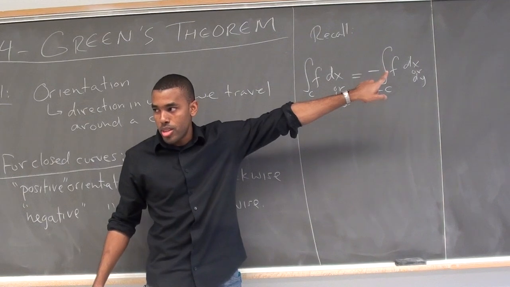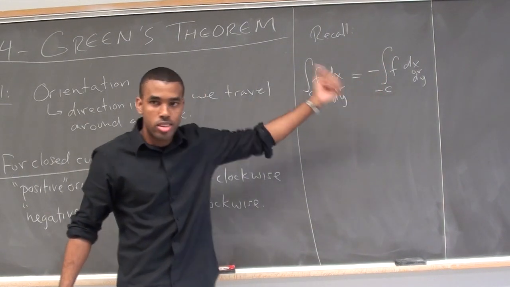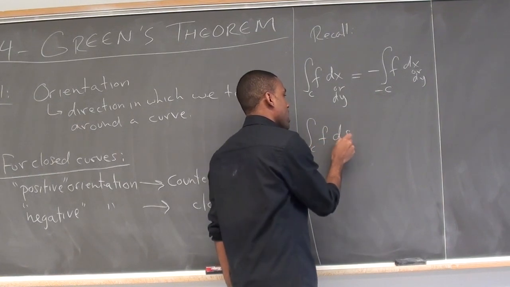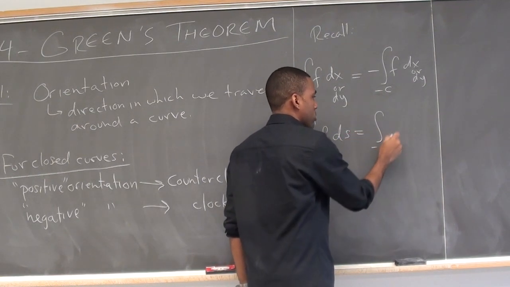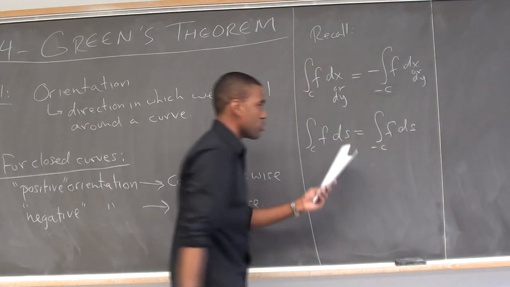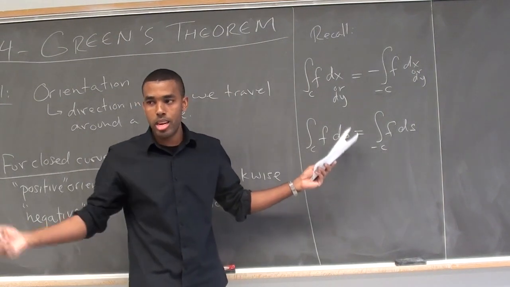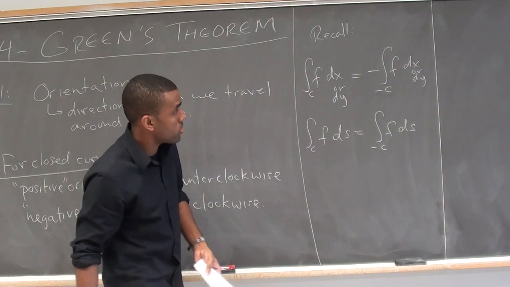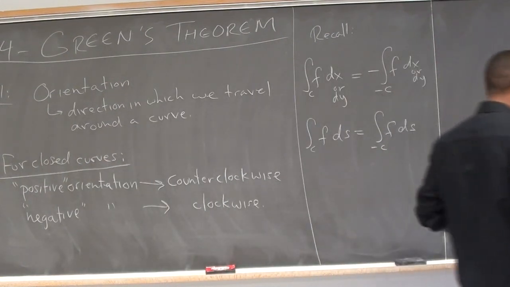That's also a concept you should be aware of. It's going to sneak in there in Green's theorem. Remember, if you do a scalar ds, then it makes no difference, because ds is with respect to arc length. Arc length can't be negative, it doesn't have direction. But x and y can be negative and positive, they have direction. So that's something you should keep in mind.